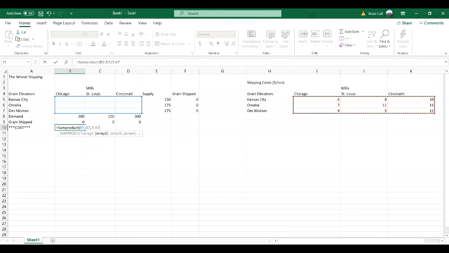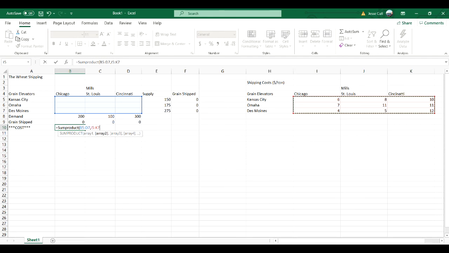So what we will do is multiply I5 times B5, J5 times C5, K5 times D5. This is solving the problem of entering endless repetitive variables, endless repetitive constraints.